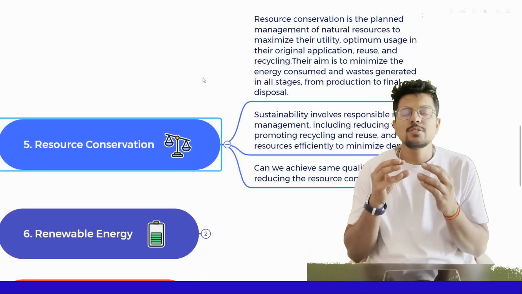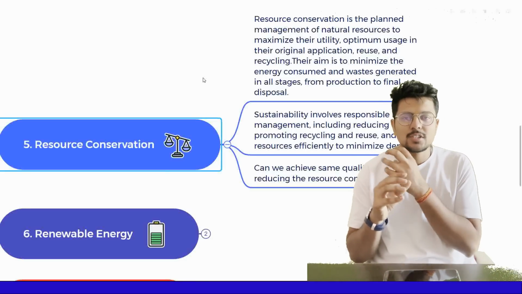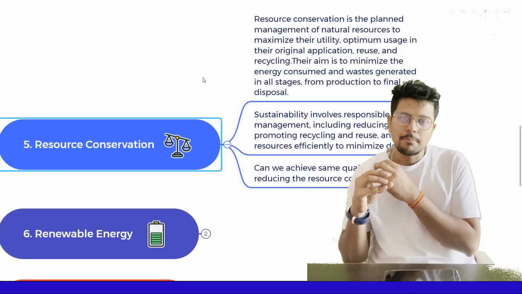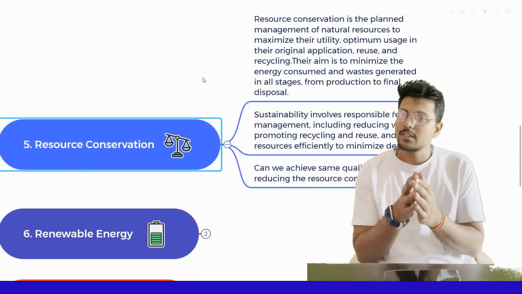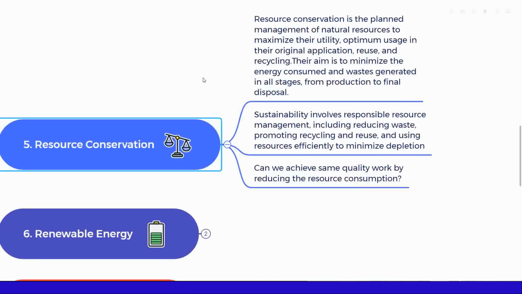But if you visualize your mobile phone traveling from extraction of material from mines to the production, to the transportation, to your use, and then when you dispose it, just visualize everything and see where more resources are being used, and how you can conserve it. So resource conservation is a management of all the resources right from start to the end.